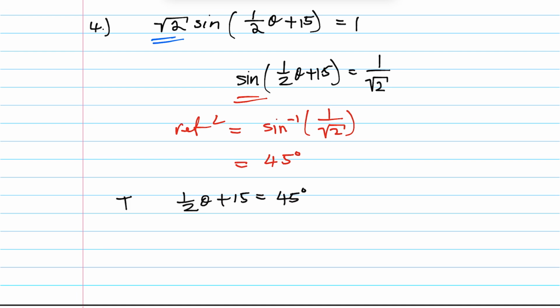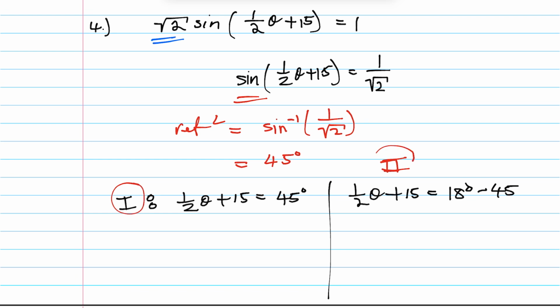That's for the first quadrant, but it's also equal to 180 minus 45 degrees because of the second quadrant where sine is also positive. So you should always end up with two answers for cos and sine. In this case, we're dealing with the first and second quadrants.